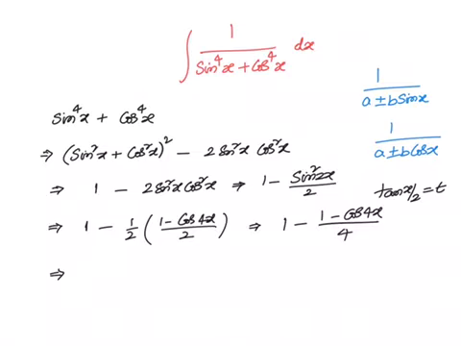Now simplify this. We will have 4 minus 1, 3, then afterwards we will have plus cos 4x divided by 4. Now this value we are going to substitute in the given problem.